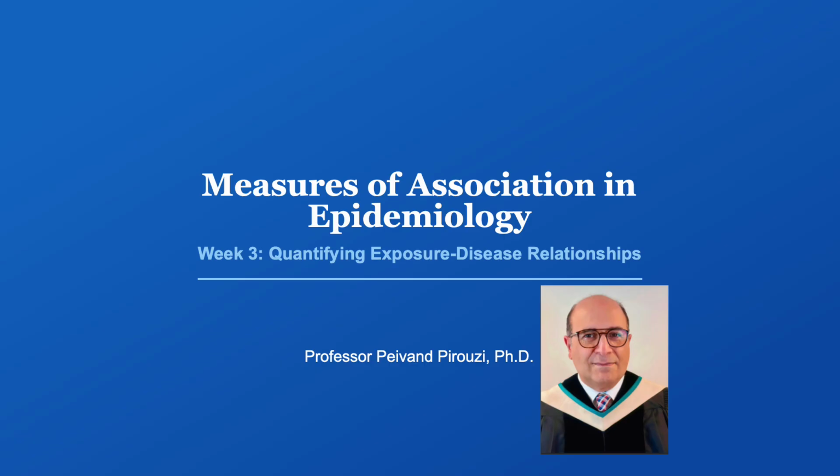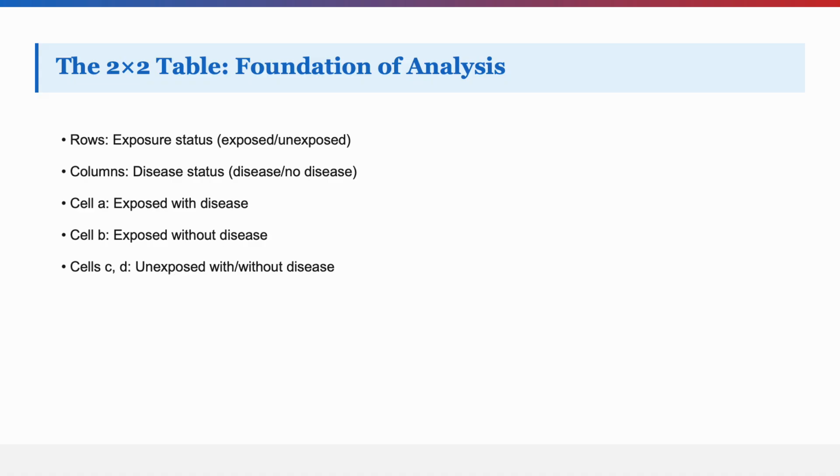to use each one. Before we calculate any measures, let me introduce the 2x2 table, the fundamental organizing structure for epidemiological analysis. Draw a table with 2 rows and 2 columns. Rows represent exposure status, exposed on top, unexposed on bottom.